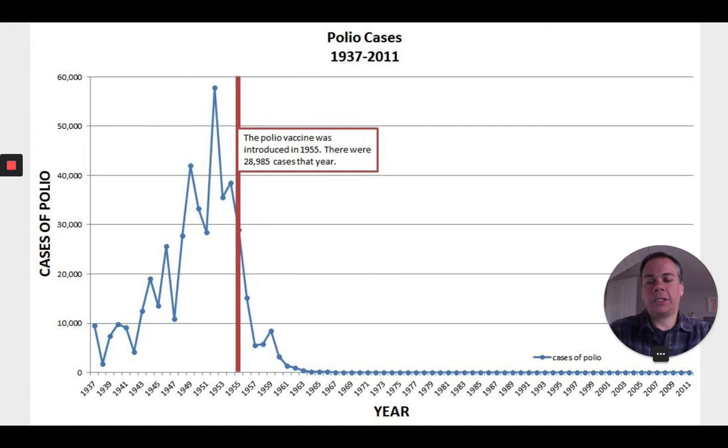Those vaccinations have basically prevented these very dangerous diseases from spreading through the population. If you have a significant proportion of people immunized against a certain disease, then you can protect an entire population. It's a concept called herd immunity. Once enough people are immune to the disease, it's very unlikely to spread throughout that population.